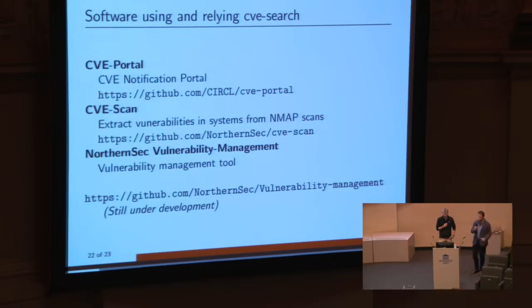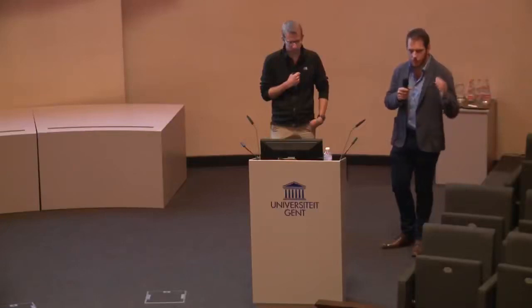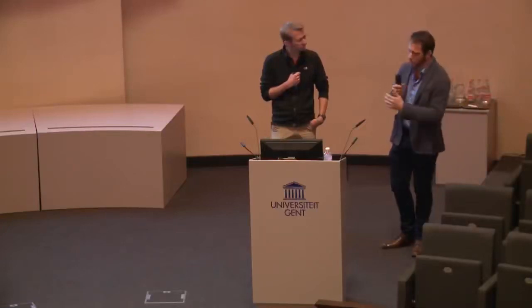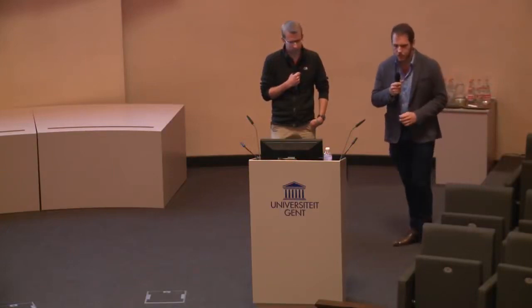So CVE scan will work either with scans that you already made, or scan itself. You can do one or multiple systems, both work, and then it will automatically correlate the CVEs. So you get a nice overview. It looks the same as in CVE search, a big list of all the CVEs that are applicable to the systems that you just scanned.